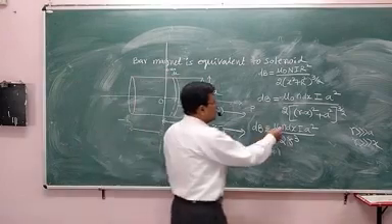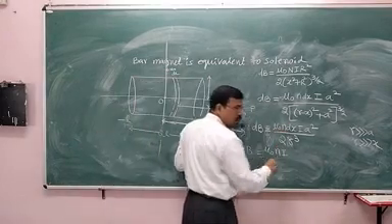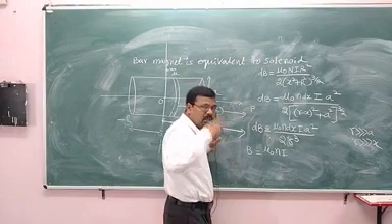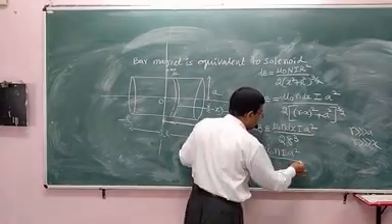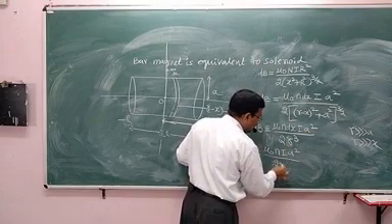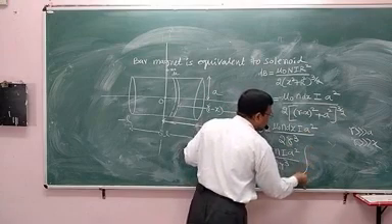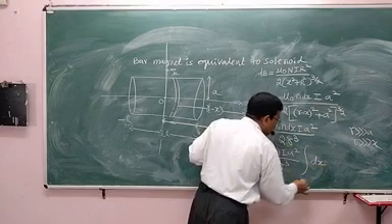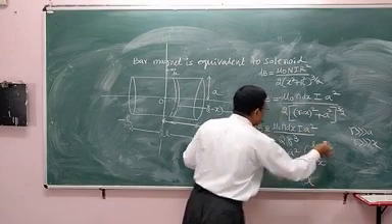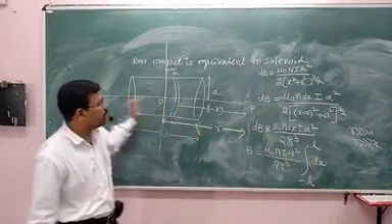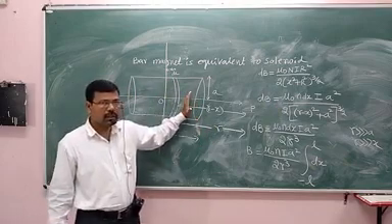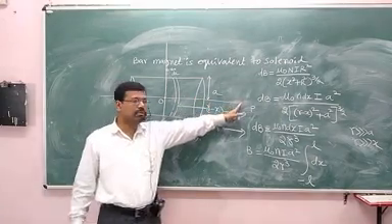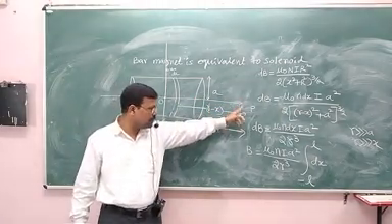So mu naught n, I is a constant current passing through the coil, a is the radius, divided by 2r cube, and integration of dx from minus L to plus L. That is from here to here.